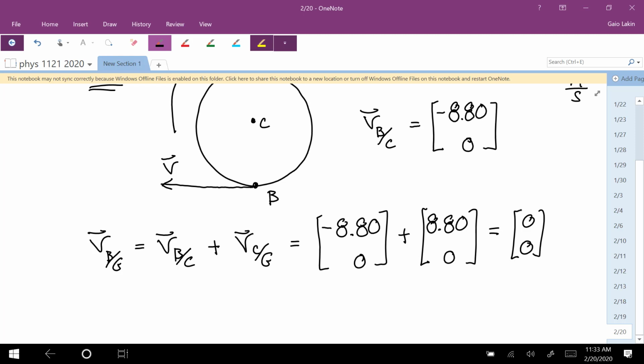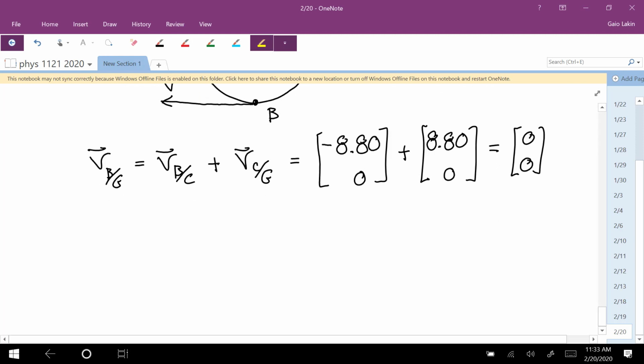Okay, so let's calculate the acceleration. And let's just do it for one of these two points. So part C, let's calculate the acceleration of the top, okay?